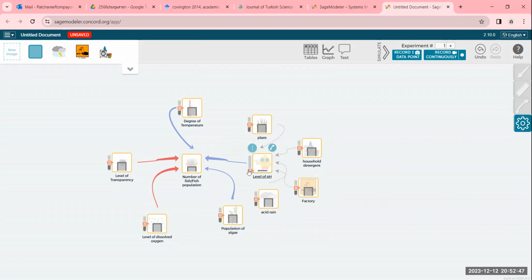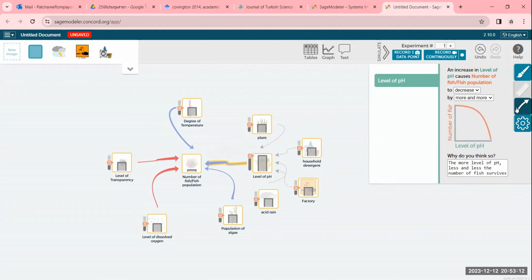If level of pH is, for example, low, and then we go to mid, go up. Can you click on your blue relationship line? And then go to the arrow on the far right. Okay, and so we can see it decreasing.